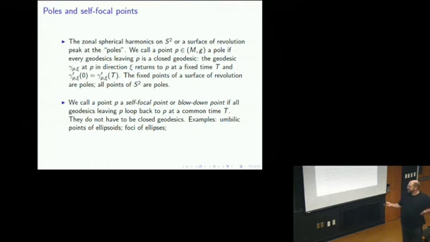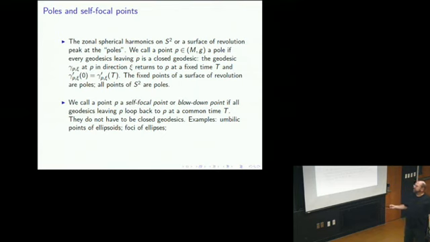So we notice that in the case of the zonal spherical harmonic, the thing bulged out at the poles. And it also was true at a surface of revolution. What's a pole? Well, one thing a pole is that every geodesic that leaves a pole returns to the pole at a given time. So we actually will call that in general a self-focal point, because to be a pole, the geodesic has to return to the initial point and smoothly close up as a smoothly closed geodesic.